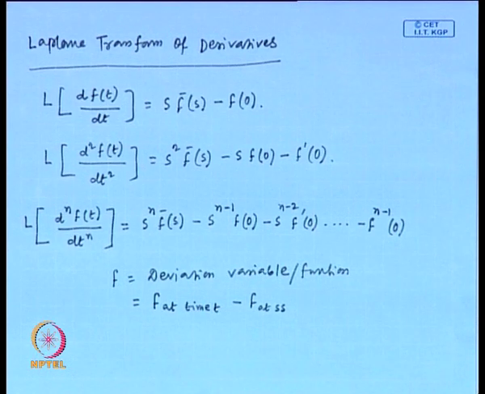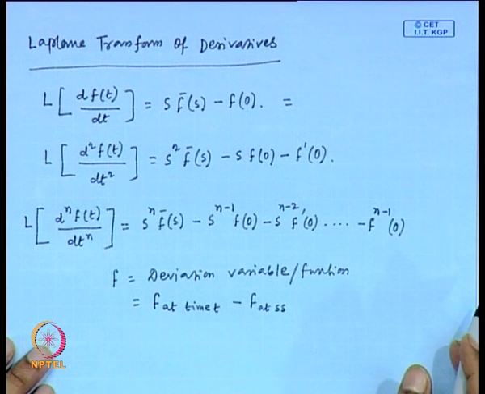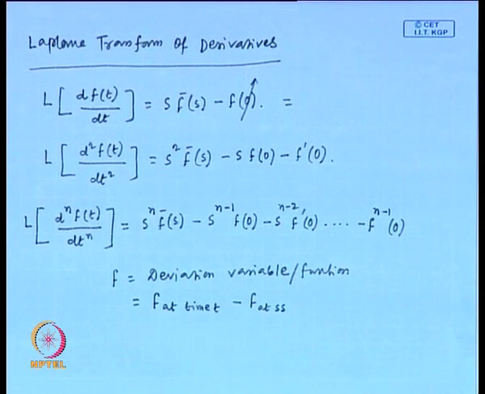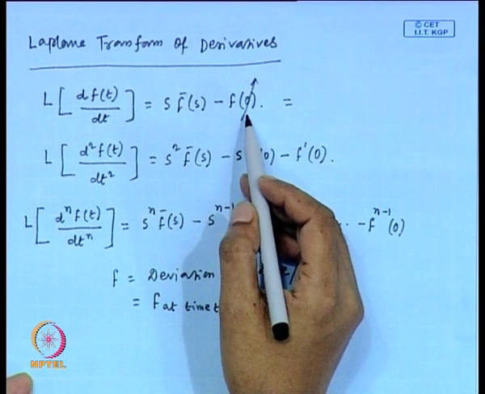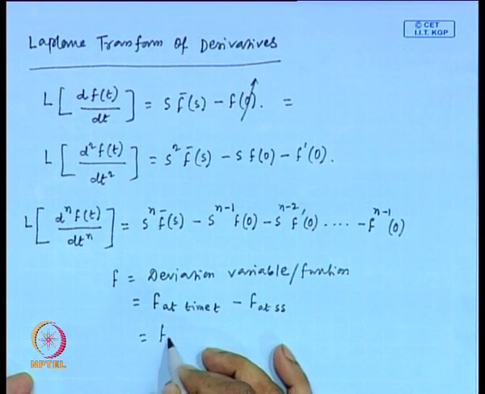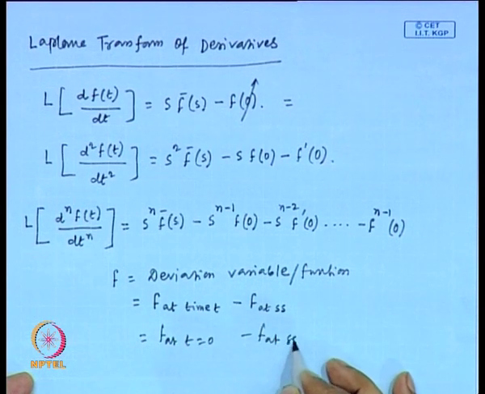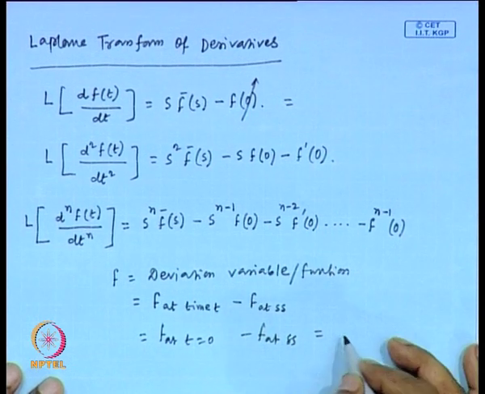If we consider f as a function of deviation variables, what will be the Laplace transform of the first derivative? This will become 0, is it not? At t equals 0, f at t equals 0 minus f at steady state. We usually consider time t equals 0 as the steady state.